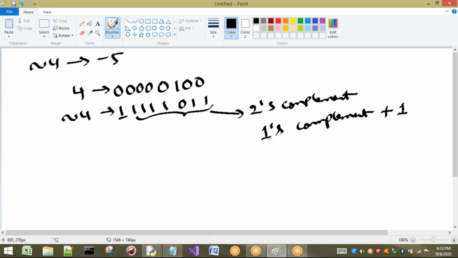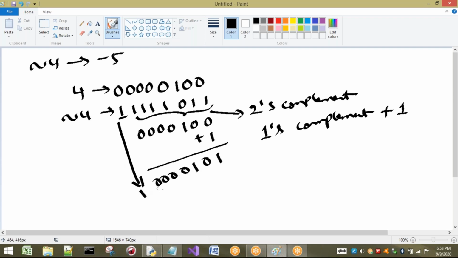The 1's complement means we convert ones to zeros and zeros to ones. So this value is the 1's complement. To make it a 2's complement, I have to add one to that 1's complement. So 1 0 1 0 0 0 0, and the sign is 1. 1 means negative. So the answer is minus 5. In this way we are going to get the output.